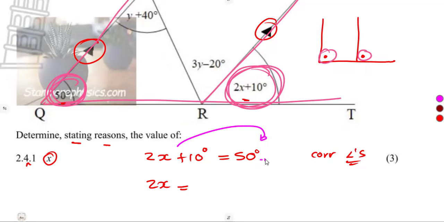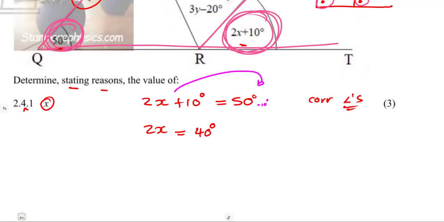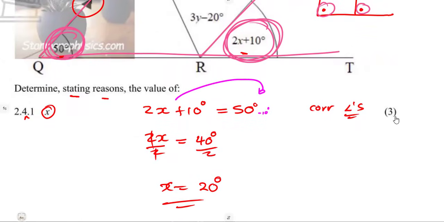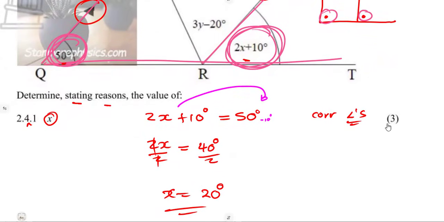The moment it crosses the equal sign, it changes the sign, remember? So 50 minus 10, that's 40 degrees. To find x, simply divide by 2. So our x is going to be what? 20 degrees, okay? So we have got the x value in case we want to substitute it.